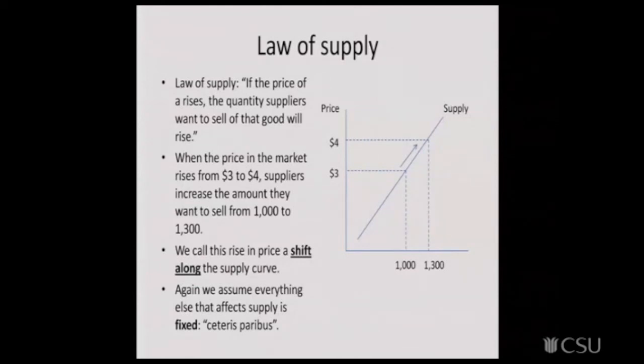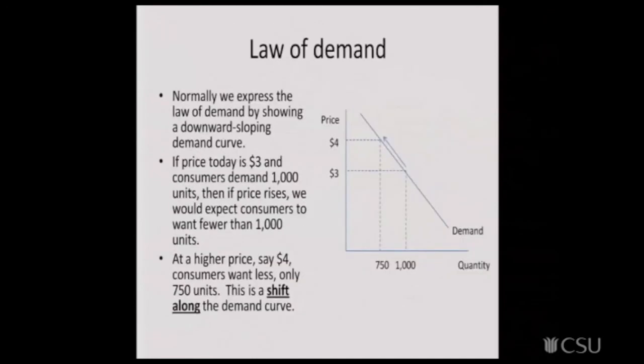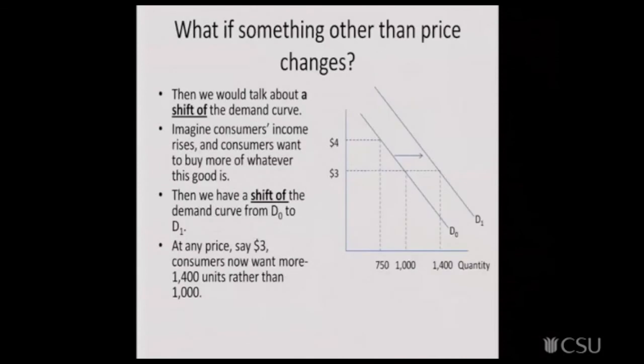So what do you need to know? You need to know we have a downward sloping demand curve, that there are two things that can happen. Price changes, in which case the demand curve stays the same, and we read the change off according to the different prices, or something other than price changes. And then we're going to have something like this, a shift of the demand curve.